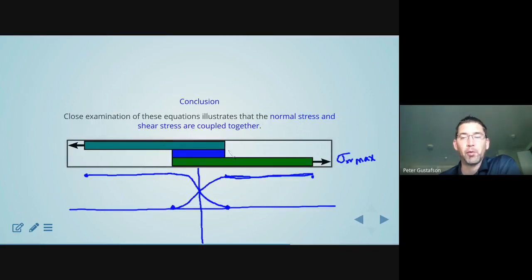What I plotted with sigma, I could have equivalently plotted tau. Now, what's the shear stress on the right-hand side? I think it's relatively obvious to everybody that that value is going to be 0. It's going to stay 0 as long as sigma xx doesn't change.